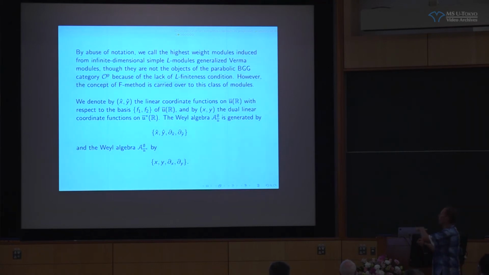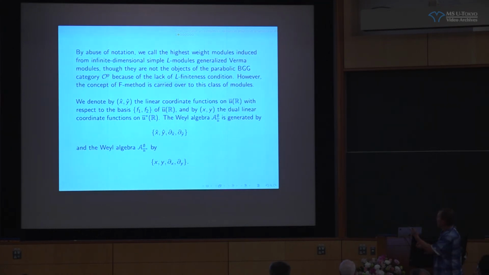But despite all these technical problems, the F method can be adopted to such situations and can be applied to the cases as the example 2 and example 3 in my talk.